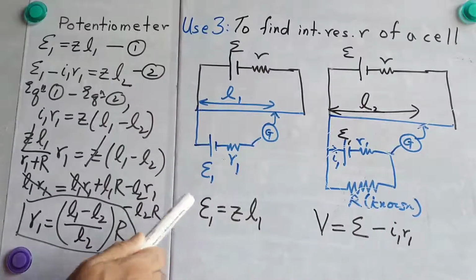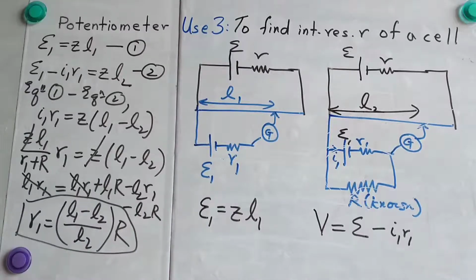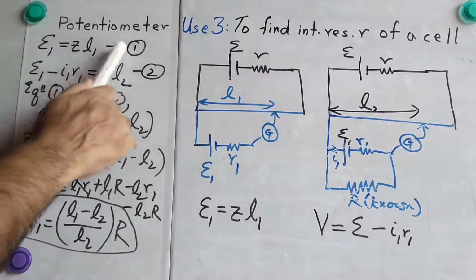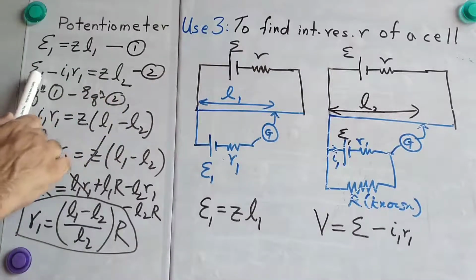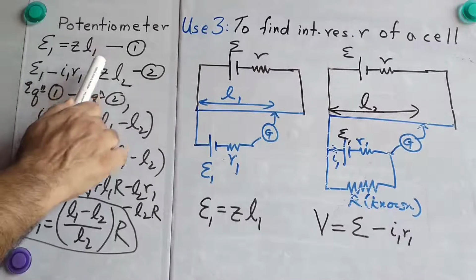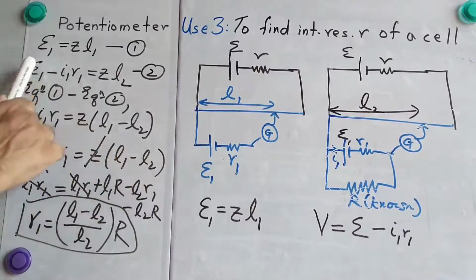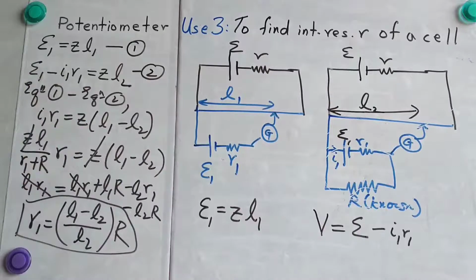So now we have got two equations, one for the terminal voltage and one for the EMF. E1 is Z into L1, the terminal voltage E1 minus I1 R1 is Z into L2. Since we don't know E1, we subtract the two equations, E1 goes out of the equation.